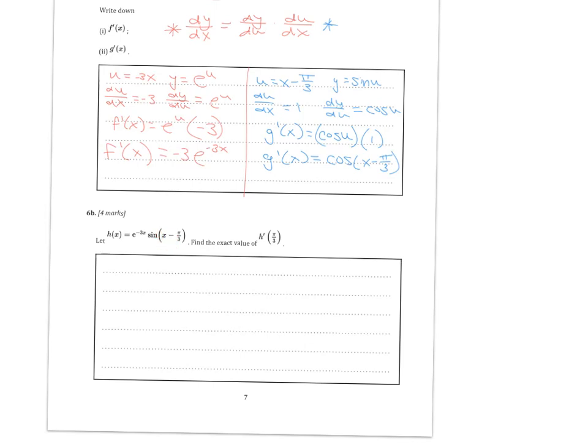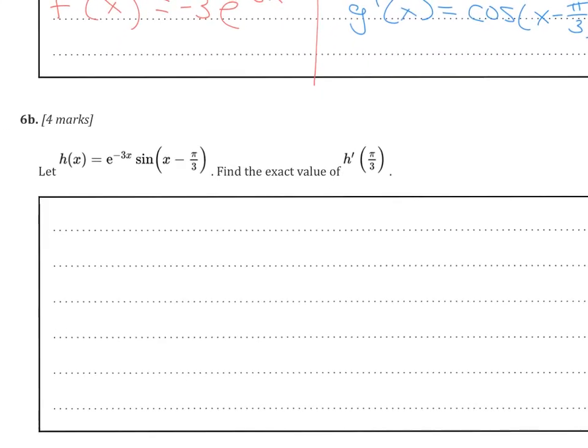So anyway, let's go ahead and write out the formula for the product rule, which is dy dx equals u times dv dx plus v times du dx. And then we're going to set our u and our v.